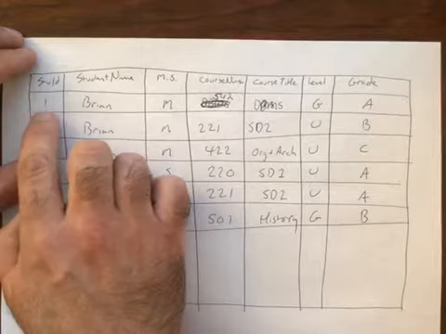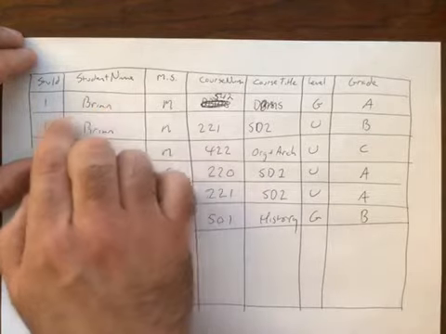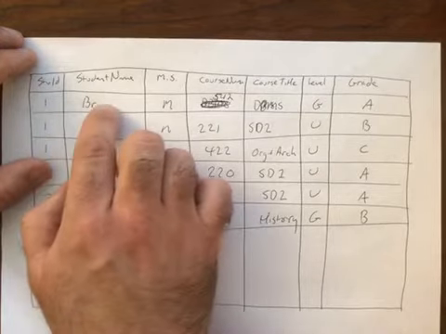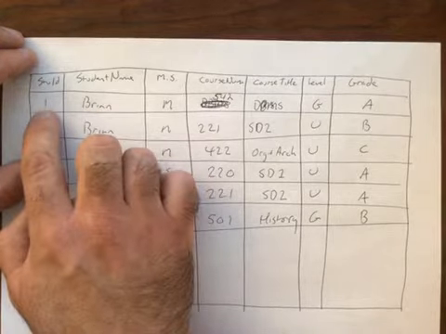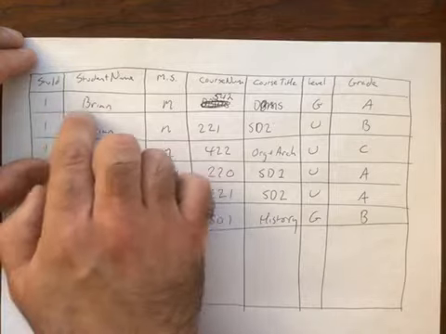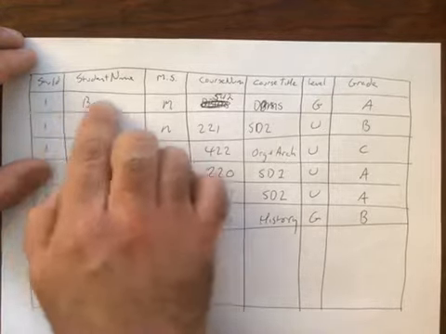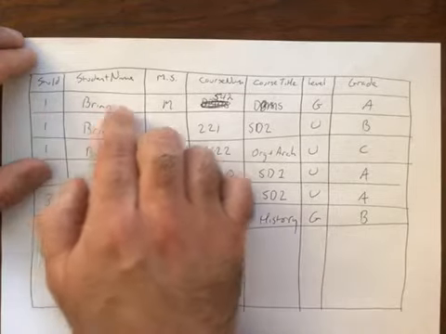And the answer is yes. Obviously I don't have a last name here, but I can't have a student ID 1 who's Brian and a student ID 1 who's Mary. That doesn't work, right? Only one person can have the student ID of 1. So this is good. These 2 things can go together.